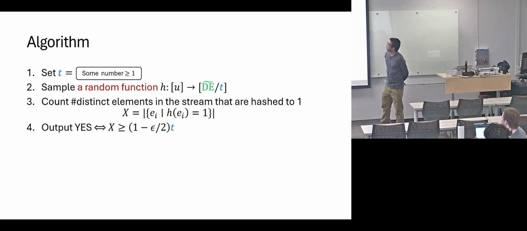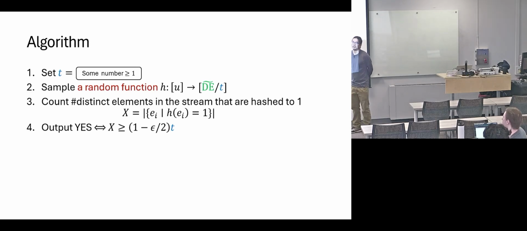And how big can that be? It can be big, but you see, once the number of distinct elements that hashed to this is, let's say, more than t.